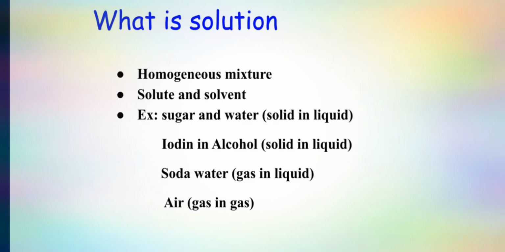Then air is a mixture of gas in gas, or a solution of gas in gas. There are many gas components in air, so gas components are dissolved in a gas solvent.